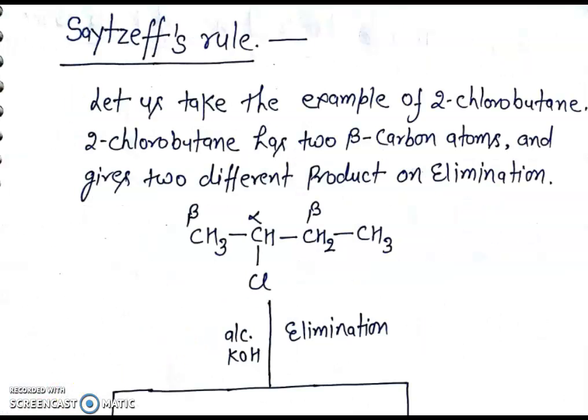Saytzeff rule. Let us take the example of 2-chlorobutane. 2-chlorobutane has two beta carbon atoms and gives two different products on elimination. This is the structure of 2-chlorobutane, and it has two beta carbon atoms. This is the first beta carbon and this is the second beta carbon.